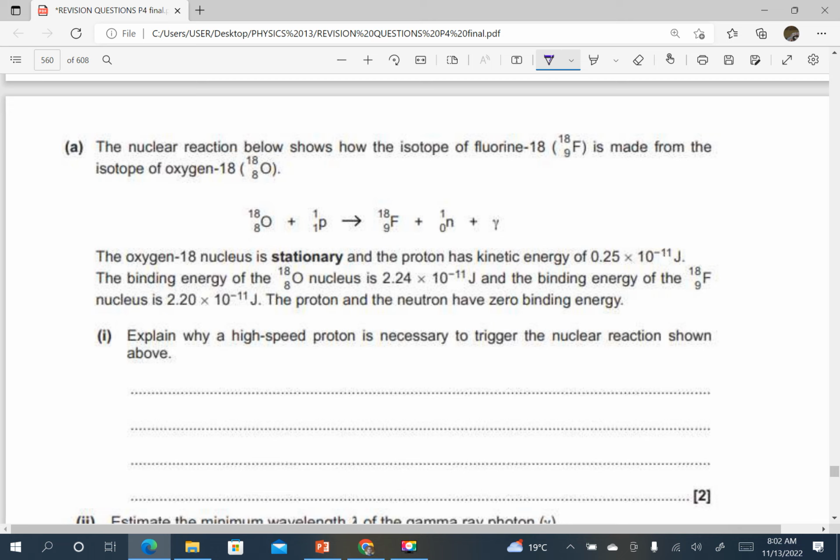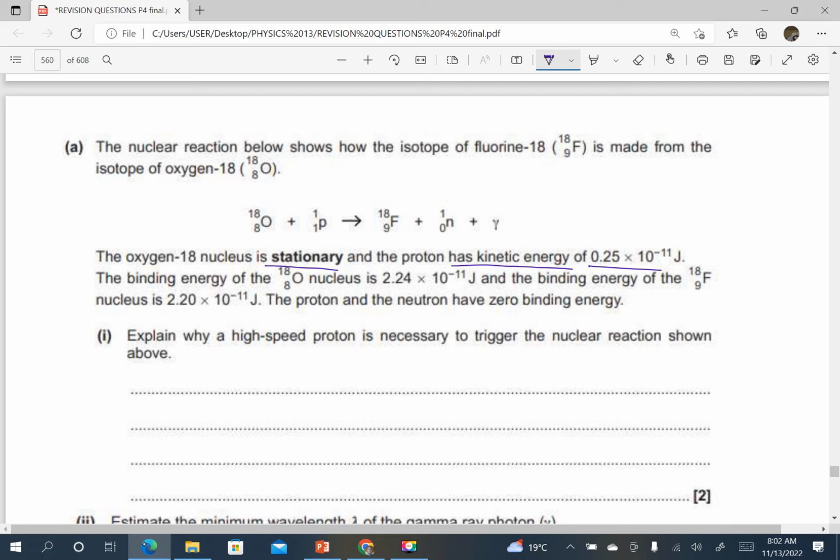Okay, the nuclear reaction below shows how the isotope fluorine-18 is made from the isotope of oxygen. Oxygen-18 nucleus is stationary and the proton has kinetic energy 0.25 times 10 power negative 11 joules. So this is a very important energy for this reaction.